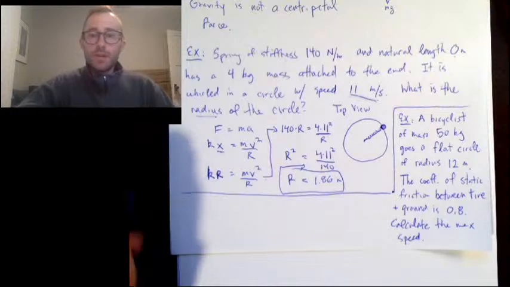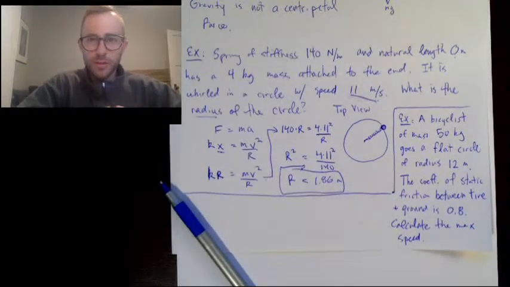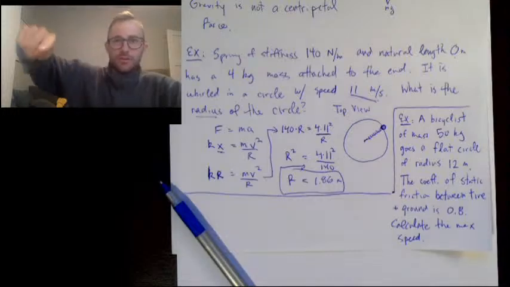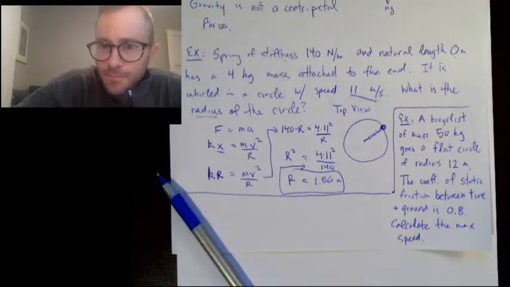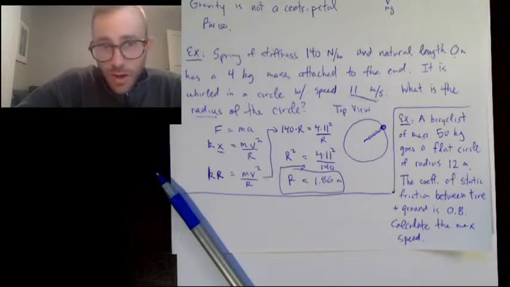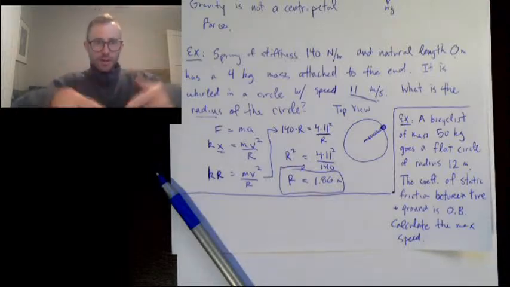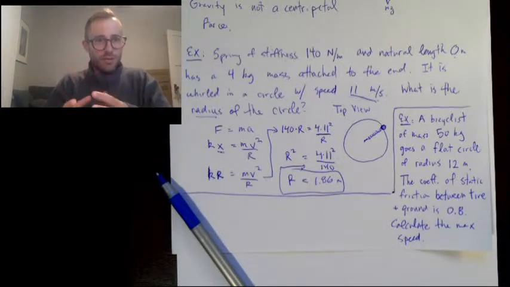Okay, first of all, let's break this down. We have a bicyclist who's riding in a circle. And if you're on a bike, you actually want static friction to be acting between your tire and the ground. Even though the bike is moving, it's actually static friction.